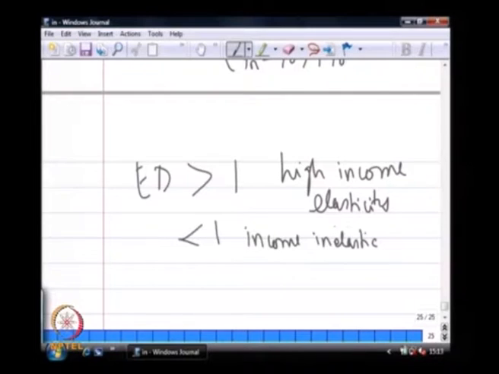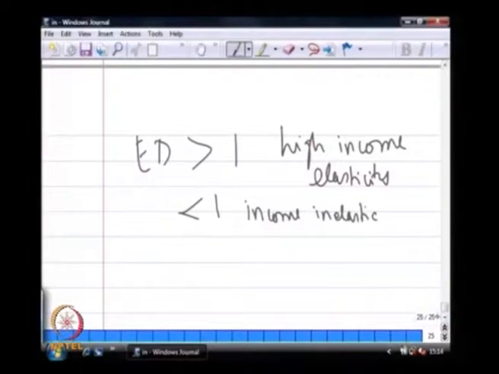So, if income elasticity of demand is less than 1, then it is income inelastic. Luxury items usually have a higher income elasticity, because the moment the income increases, we do not have to really forfeit a luxury requirement, because our income also has increased. So, typically you will find that luxury items are having high income elasticity.